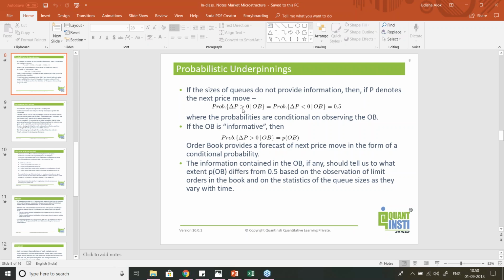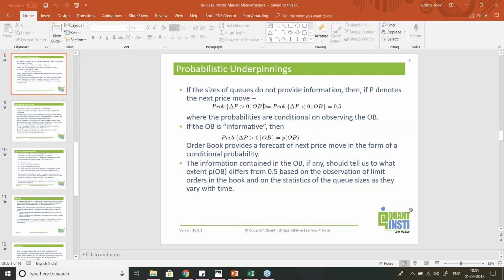But if it is equal to 0.5, there is equal probability of going up and down, and it is not informative. OB stands for order book. Given an order book, if the probability of the market going up is equal to 0.5, you cannot do anything. The slide is basically saying that unless the order book gives a probability higher than 0.5, you cannot really use it in any algorithmic process.